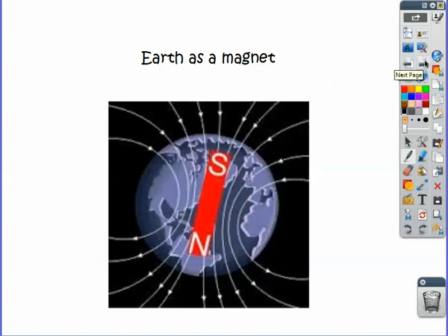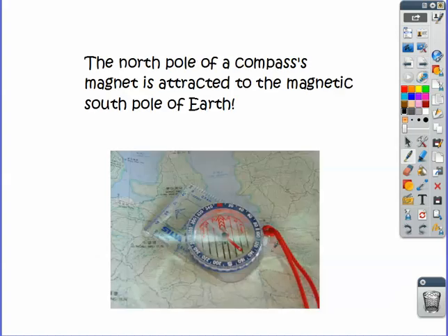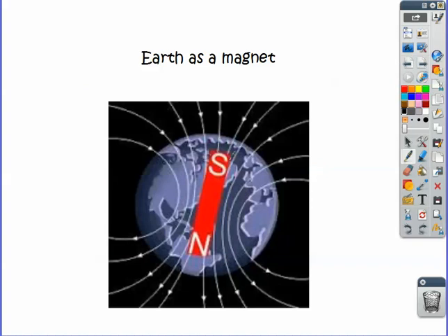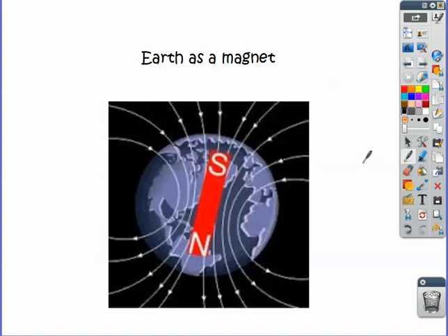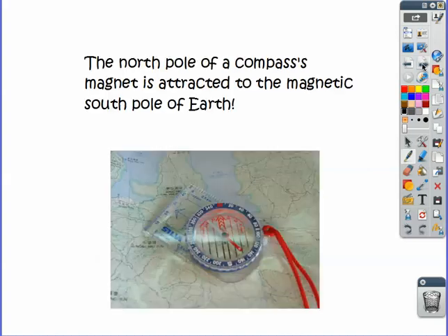Now, this magnetic field is what allows a compass to work. The north end of a compass points north because it's attracted to the magnetic south pole. So the north pole of the magnet would point this way because it's attracted to the south pole of Earth itself. So that's what allows a compass to function if you've ever actually used one.